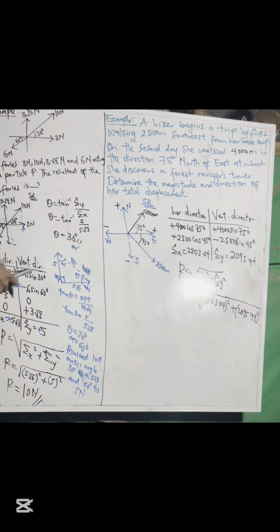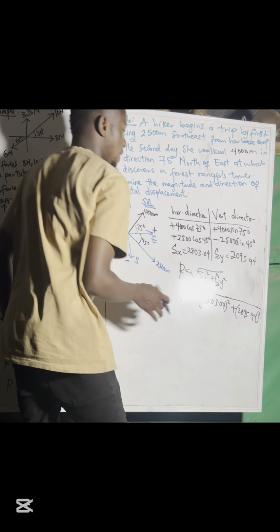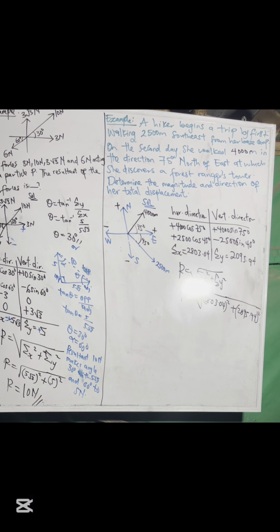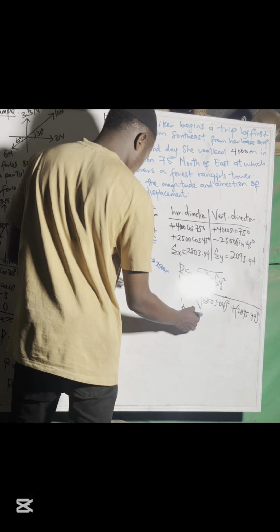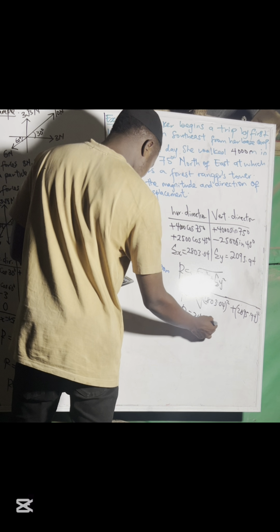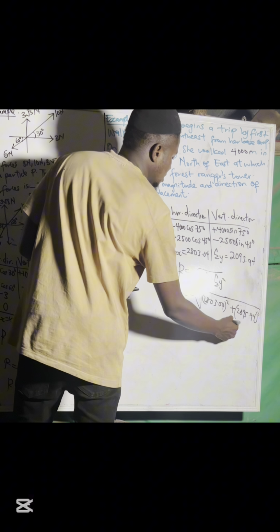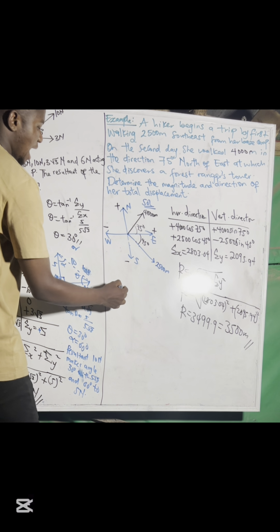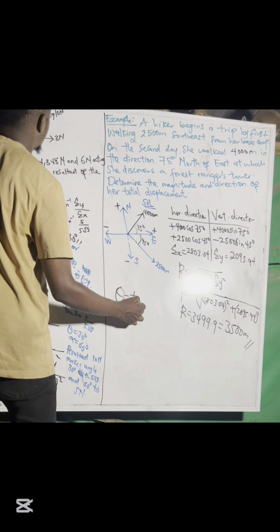So we are going to press square root 2803.04 squared plus 2095.94 squared. Then guys, our resultant R is going to be 3499.9, approximately 3500 meters.